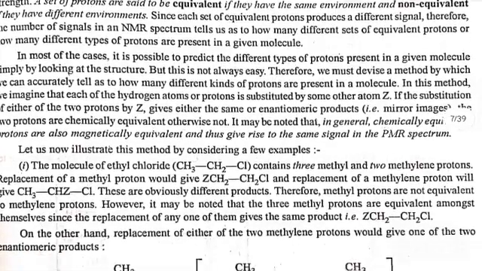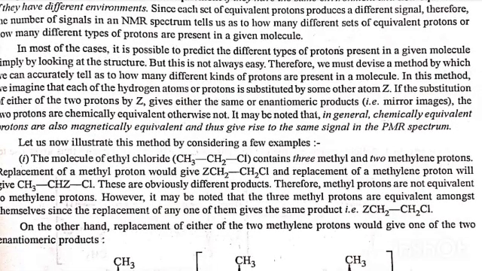In most cases, it is possible to predict the different types of protons present in a given molecule simply by looking at the structure, but this is not always easy. Therefore, we must devise a method by which we can accurately tell how many different kinds of protons are present in a molecule.